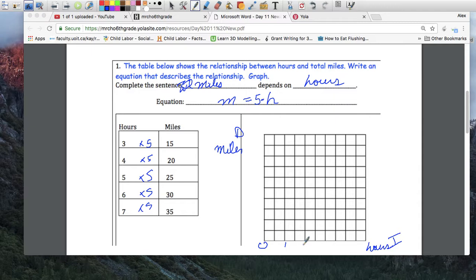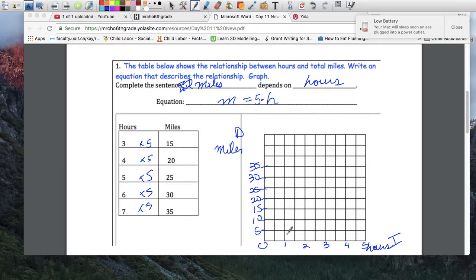I'm going to skip 2, okay? 2, 3, 4, 5. It does fit. And then up, we're going to go by 5s: 5, 10, 15, 20, 25, 30, 35.